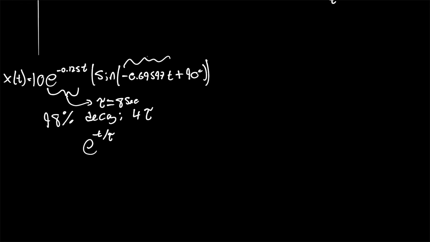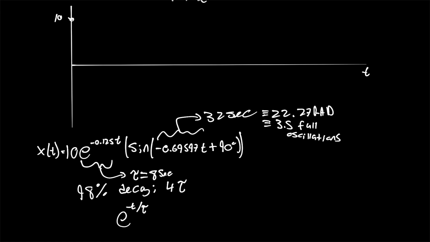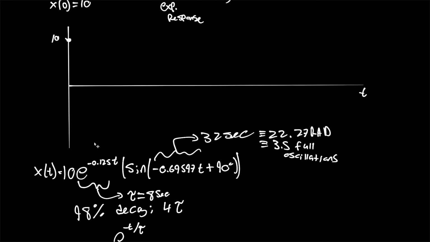We also have this oscillatory response, which if it's going to be 32 seconds, we can calculate how many radians of rotation that's going to be. 22.27 radians, that's also going to be equal to about 3.5 full oscillations. So basically it's going to start up, go down, and then come back up about 3.5 times before the entire motion has decayed.